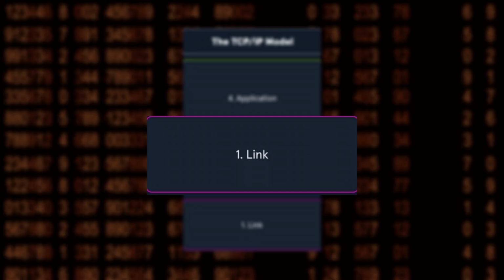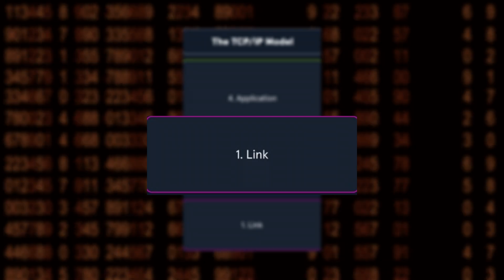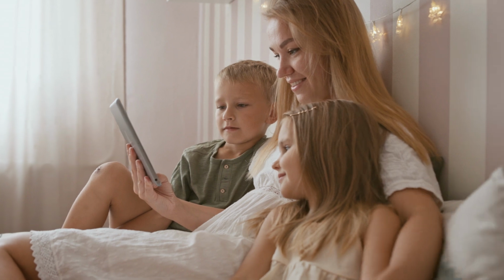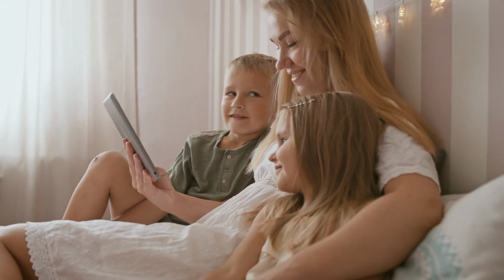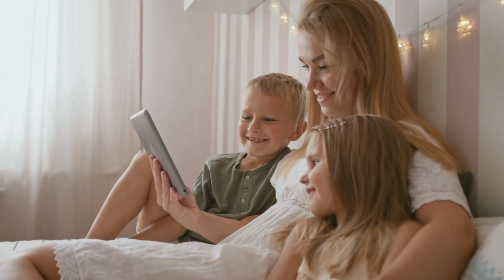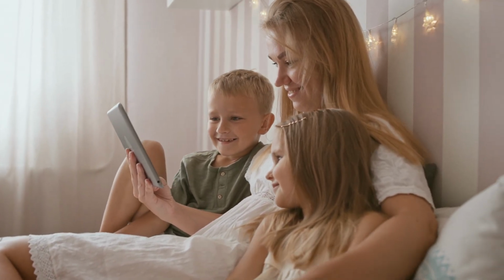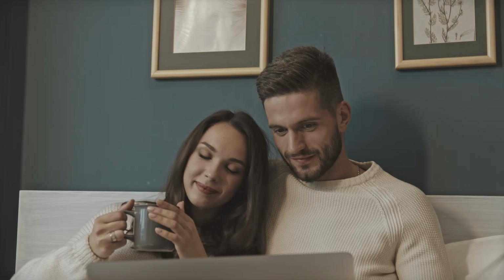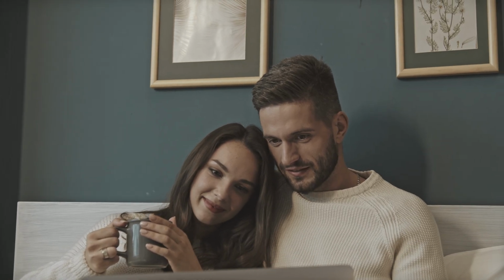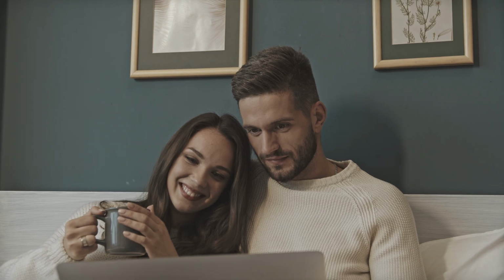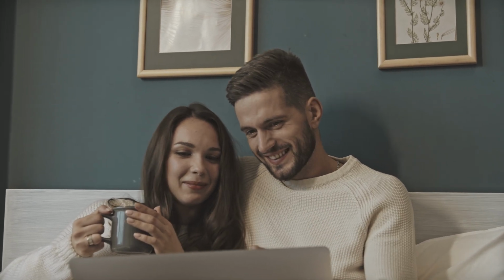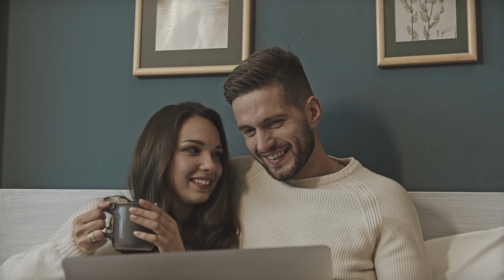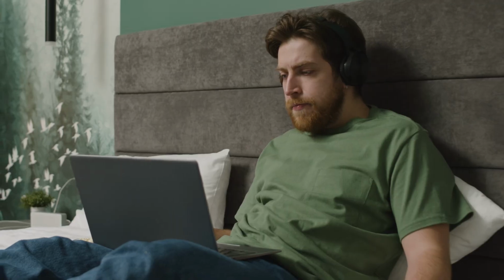Just to give you a real example, it's like you watching this YouTube video. You probably had to click something to come here. That would be your application layer. Then it would go down to the transport layer, where your computer breaks down this video into smaller chunks, either using TCP or UDP, and makes sure every piece arrives smoothly. And then the next layer would be the internet.